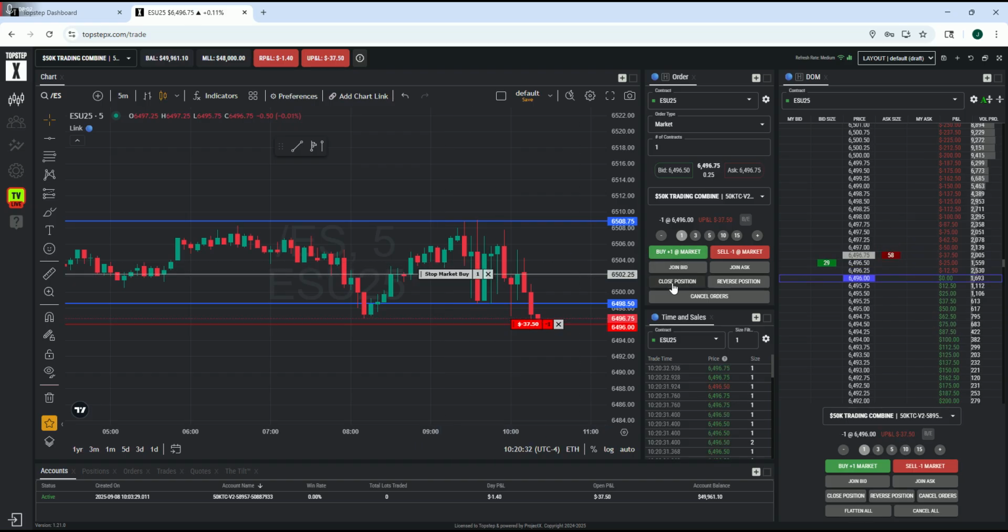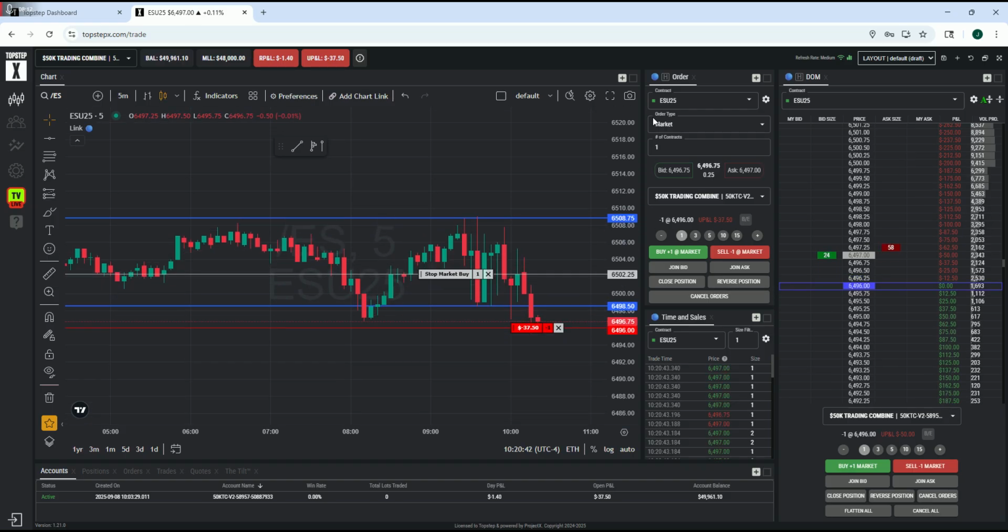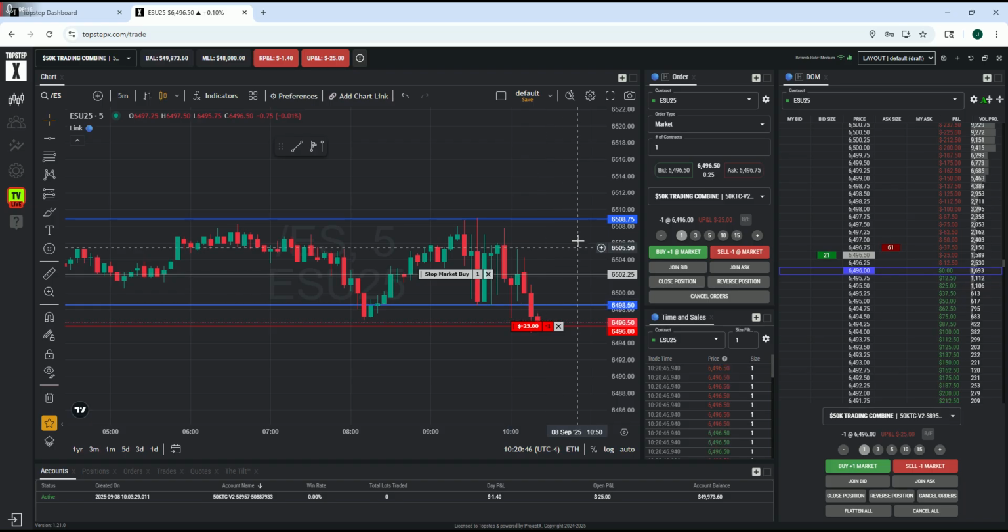So reverse position, close position. So what I'm thinking right now is a flush below. But if we come back into range, I'd like to long to the top of range. So I don't want to spend too much money on this trade if it goes wrong.